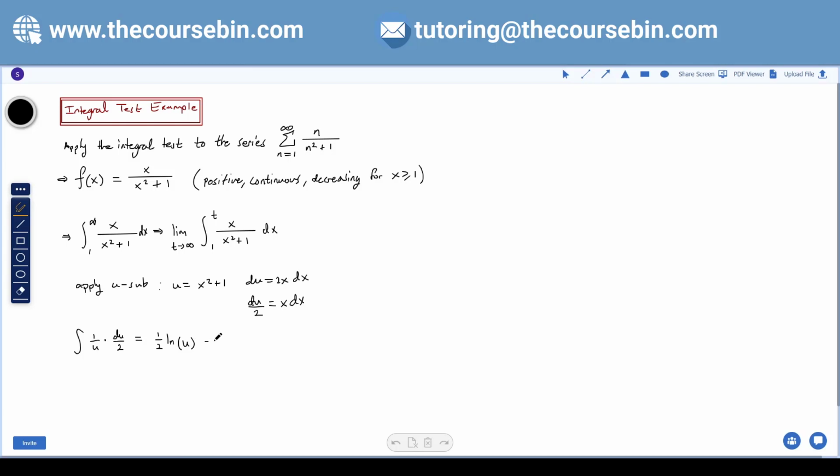Right, and then that means that this would now be the limit as t goes to infinity of 1/2 natural log of x squared plus 1 from 1 to t.